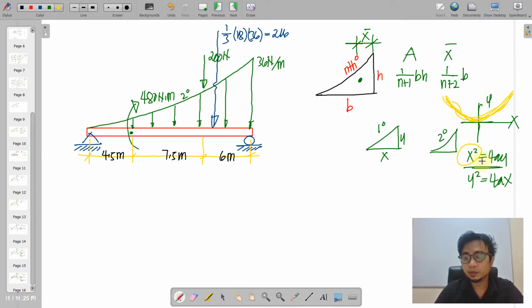And if we have x squared equals negative 4ay, that is bending downwards, meaning these two equations here will have just two scenarios.